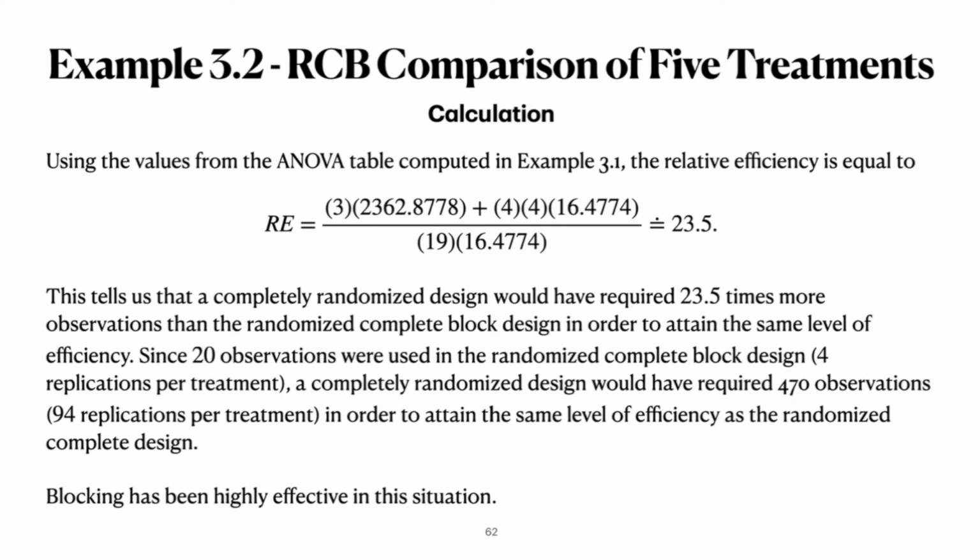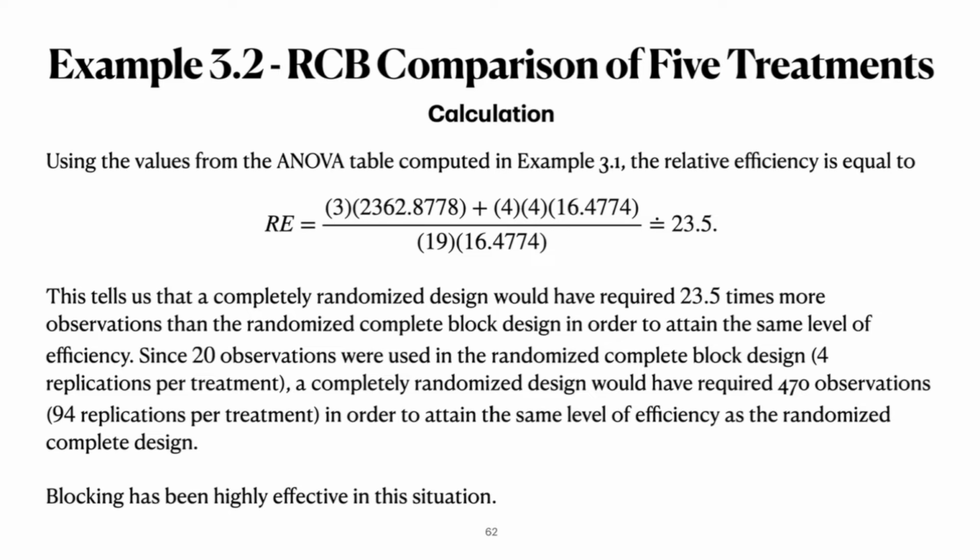Now, since there were 20 observations used in the randomized complete block design, and remember that result was highly significant, since 4 observations were used, 4 replications per treatment, you'll recall, then a completely randomized design would have required 470 observations.